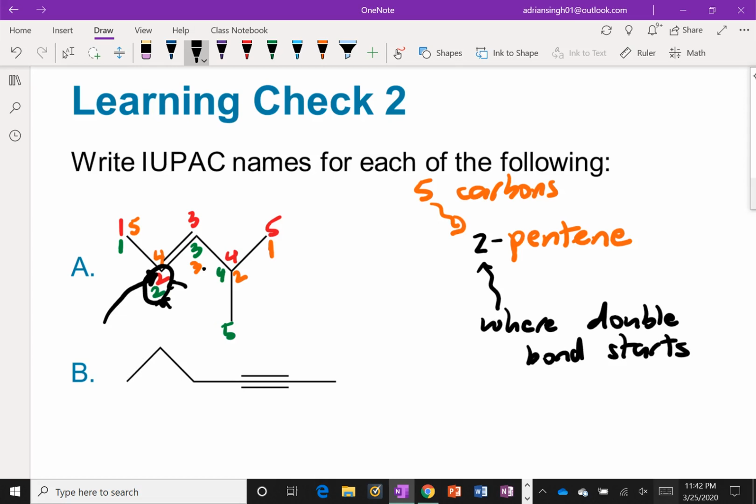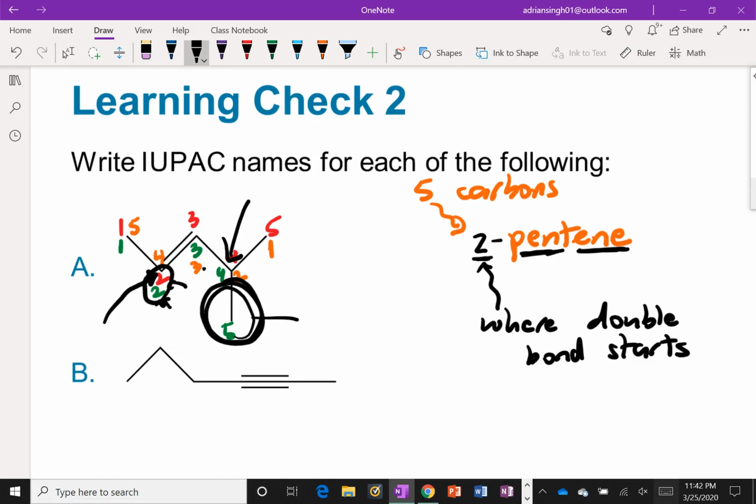Okay. Now, we've established the longest chain is 5-pent. We've established it's an alkene, so ene, pentene, and we've said where that double bond starts. Now you'll notice that there's also a branch hanging off of this thing, and it's on carbon number 4.